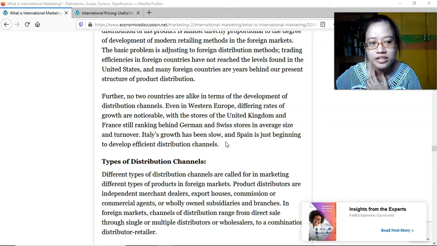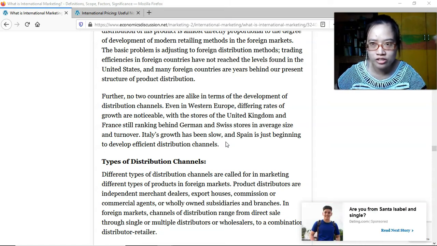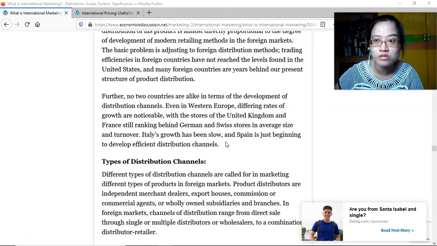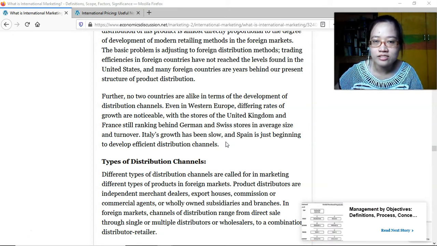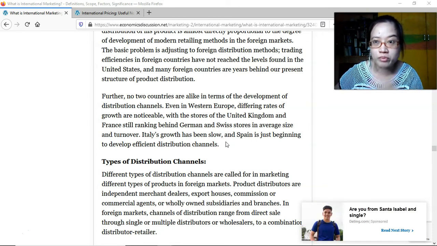Not really surprised, but I'm questioning the rationality of why shipping costs from other countries to here in the Philippines are lower compared to the cost of transporting a product within the Philippines to where I am. So it's probably because they have more efficient logistics operations or distribution channels compared to what we have here.